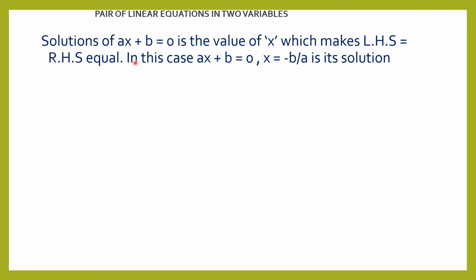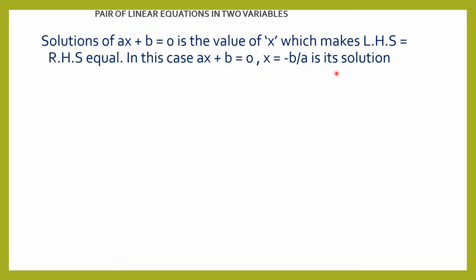So what is the solution of ax plus b equal to 0? Transpose b from LHS to RHS, it becomes minus b. This is written as ax equals to minus b. Then x equals to minus b by a.